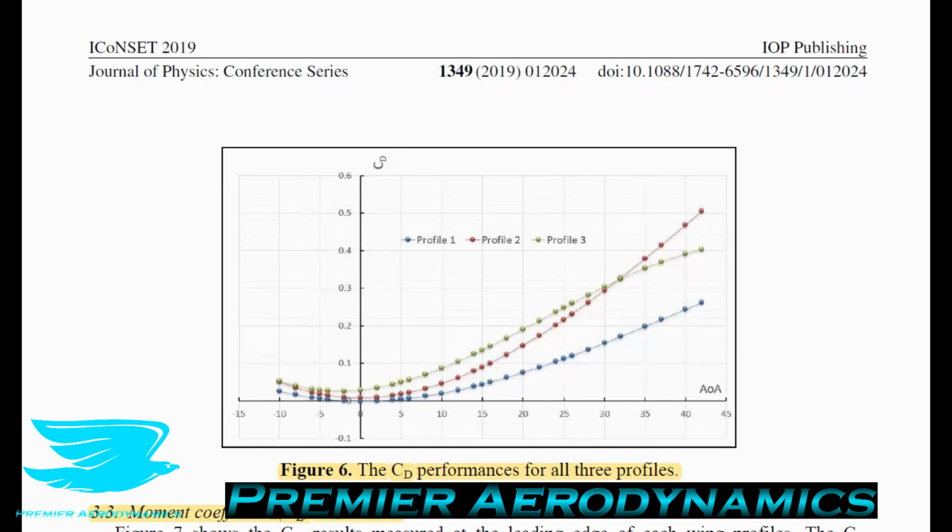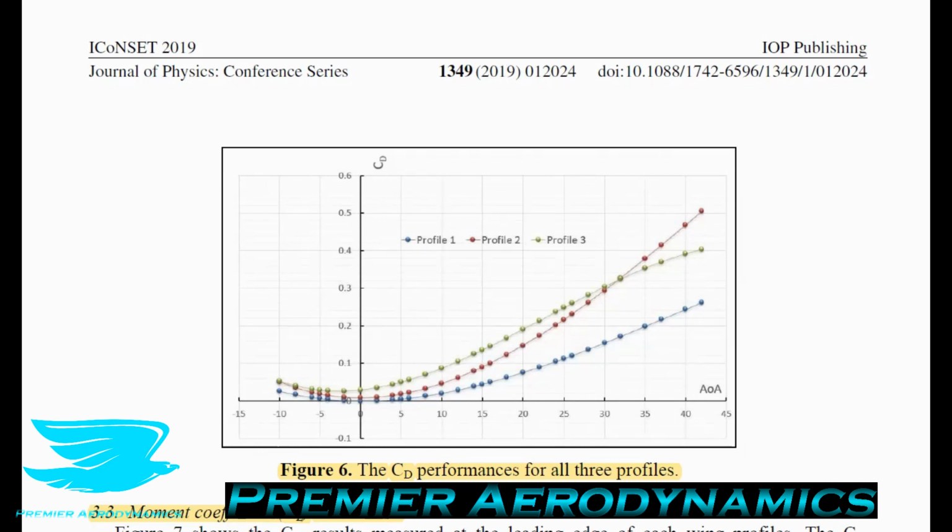This is what's called a drag bucket. So when you have 0-degree angle of attack, typically airfoils will have the lowest drag around this point. And if you go left or right of this point on the x-axis, you're going to get an increase in the drag coefficient, generally speaking. Now, for most airfoils, you might be within a -3 to +3 range, and then once you go outside that, they'll start to increase dramatically, depending on the camber and the thickness.